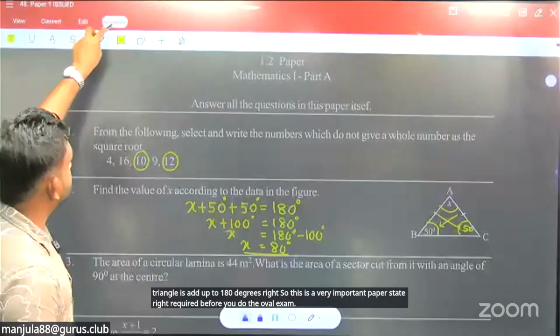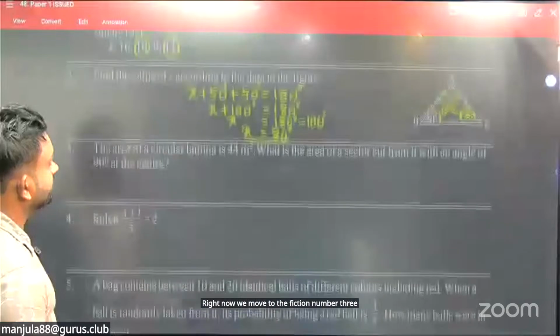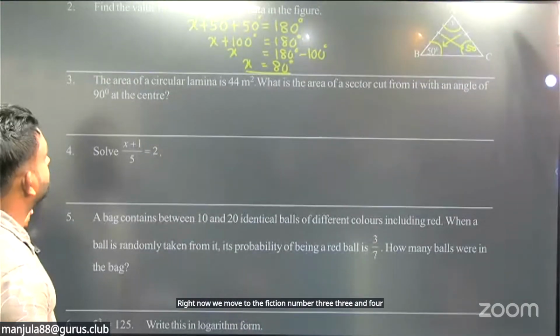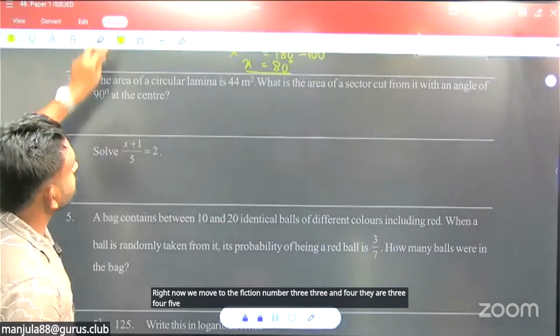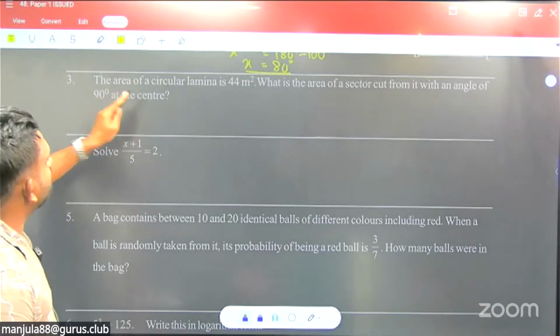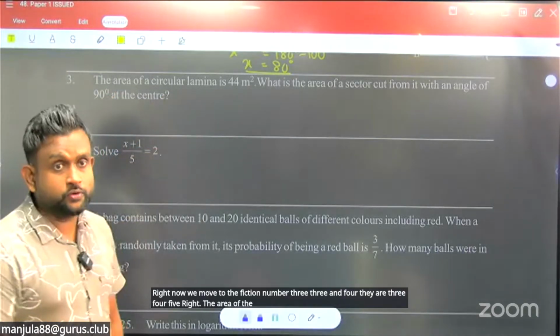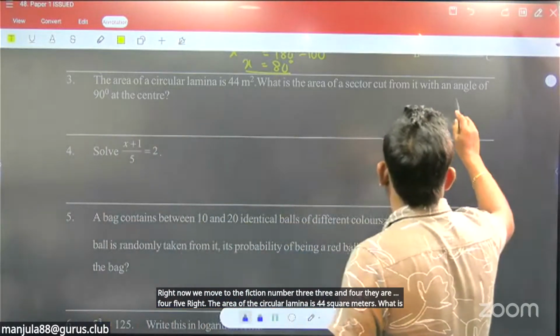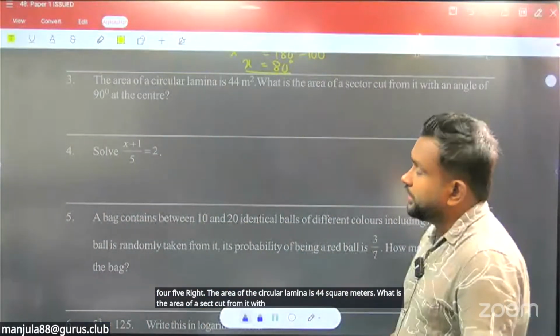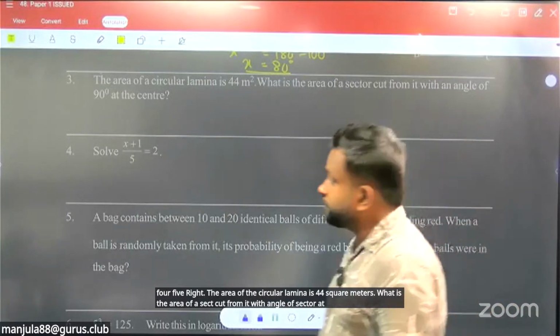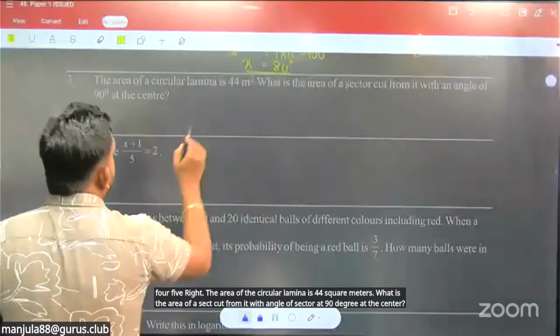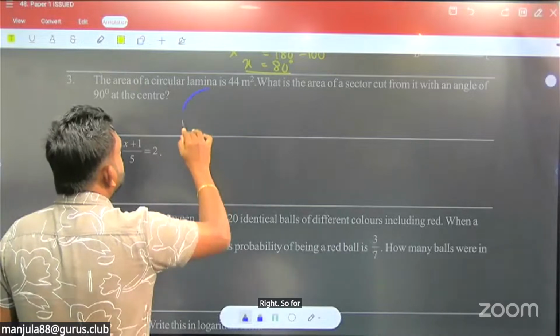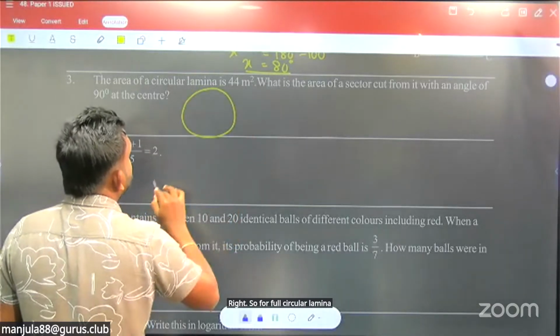Right, now we move to question number 3. The area of a circular lamina is 44 square meters. What is the area of a sector cut from it with the angle of the sector at the center being 90 degrees? So the full circular lamina is 44.